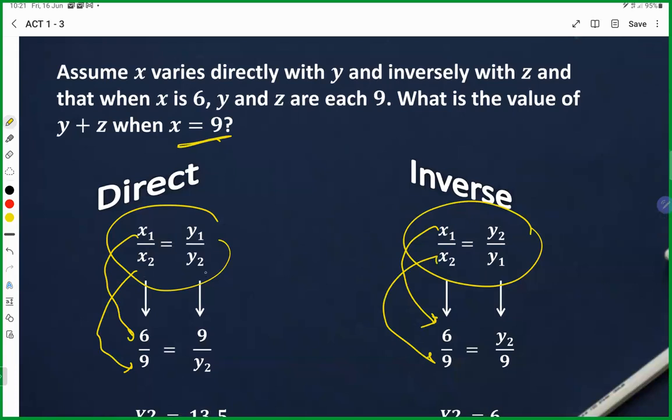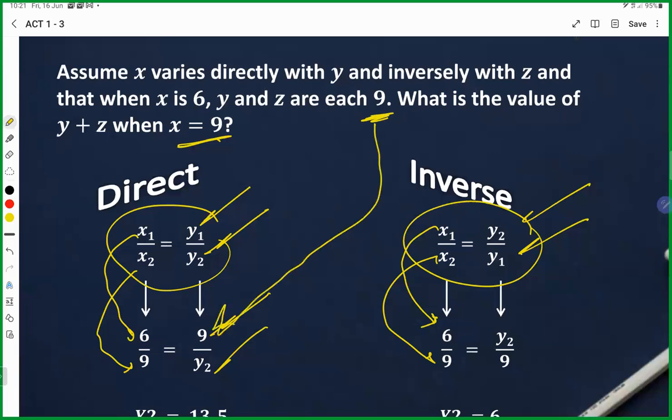In the proportionality, the first one is y1 over y2. In the right hand, it's y2 over y1. Okay, y1 here is when y is equal to 9. And y2 here, I don't know it, but I have y1, it's also still 9.